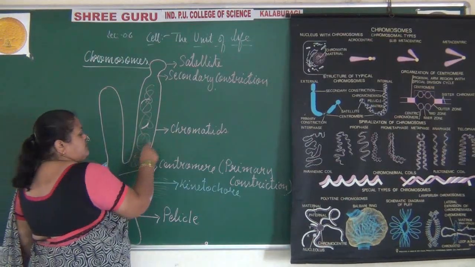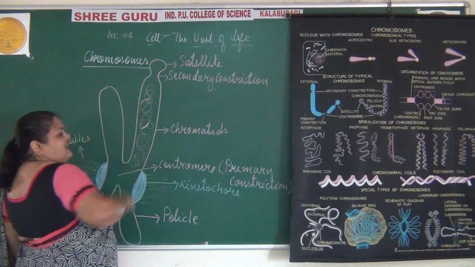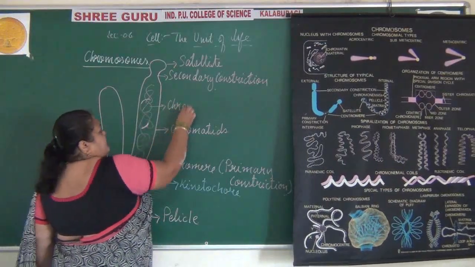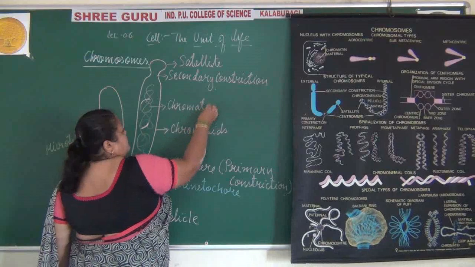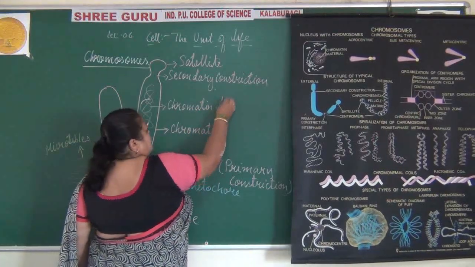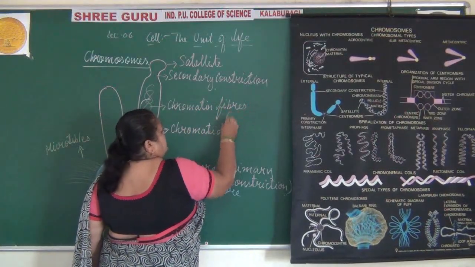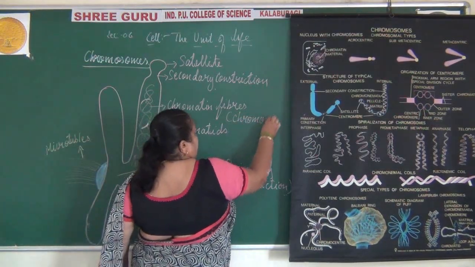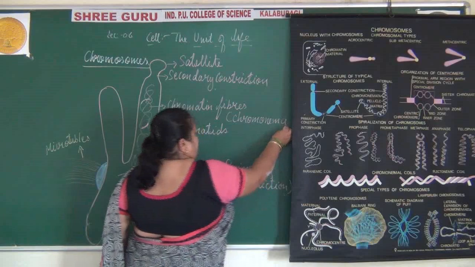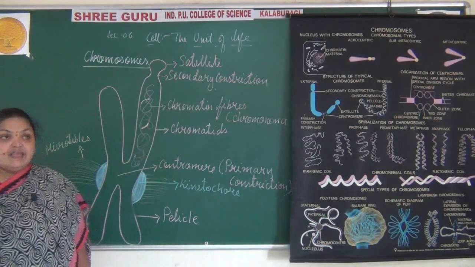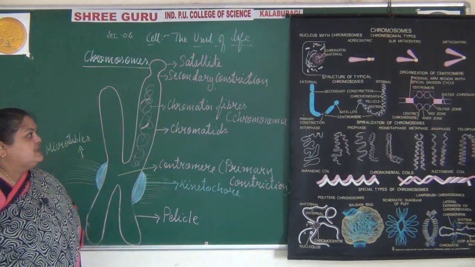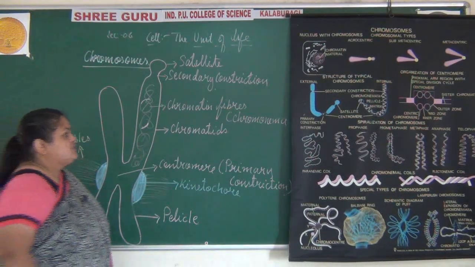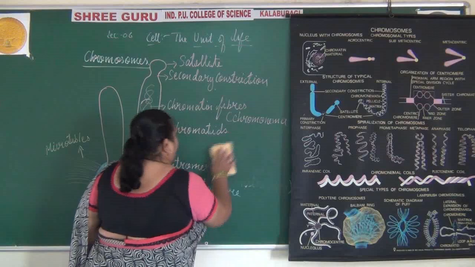Inside the chromatids, you can find thread-like structures. These are chromatin fibers, also known as chromonema.